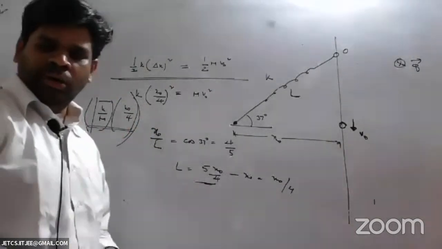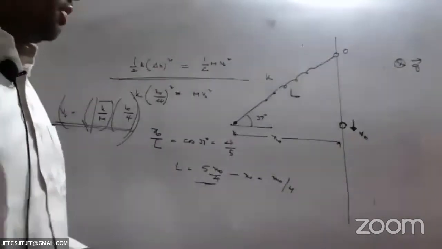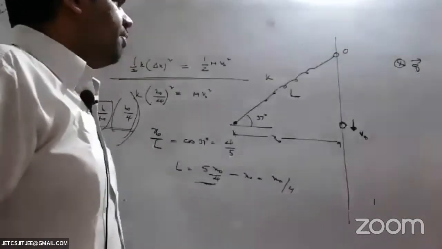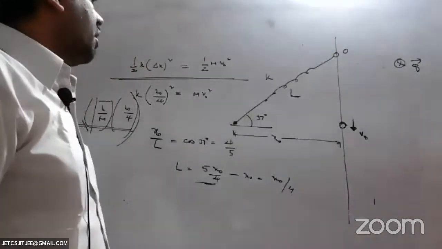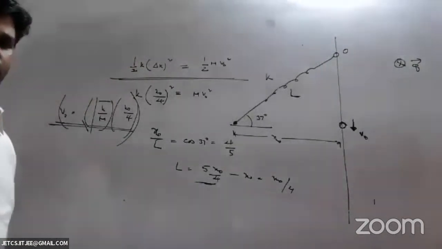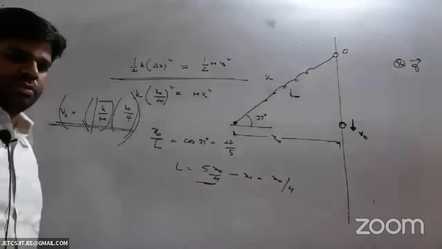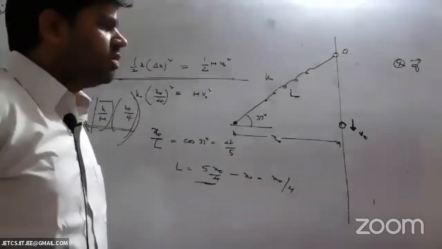All right, now let us say this is not in the horizontal plane but in the vertical plane. Then what happens? Then how do I do it? Whenever you have gravity involved, take some level as reference level.